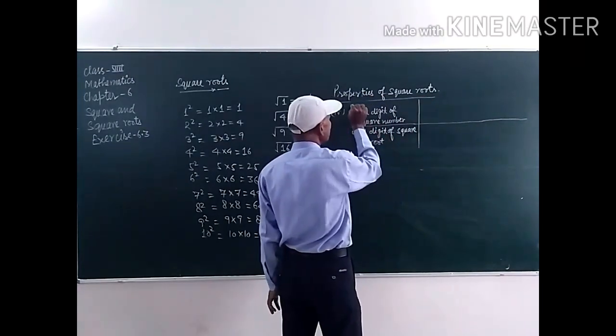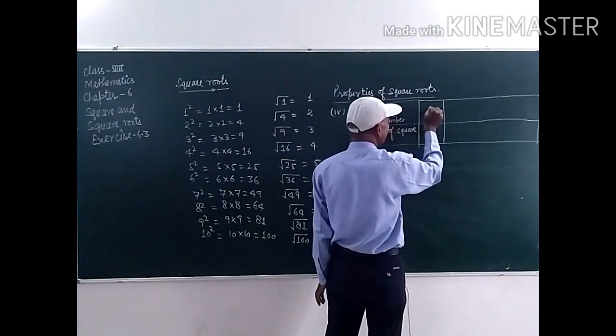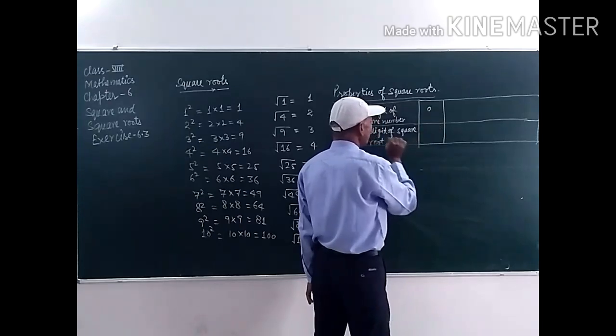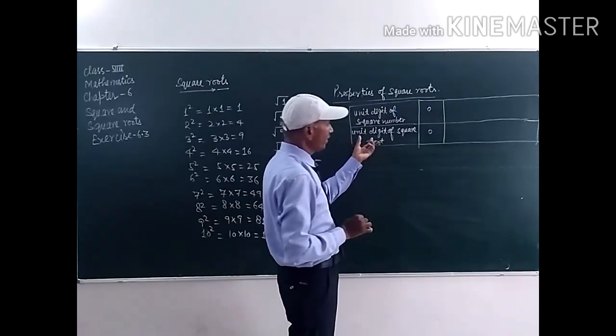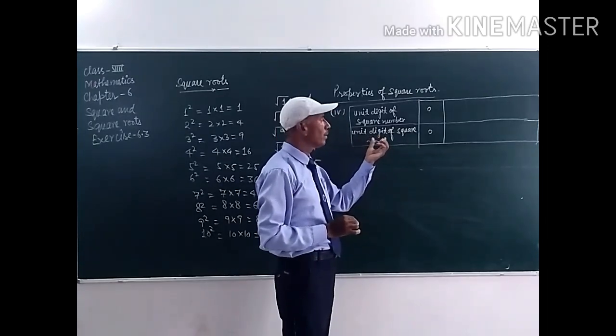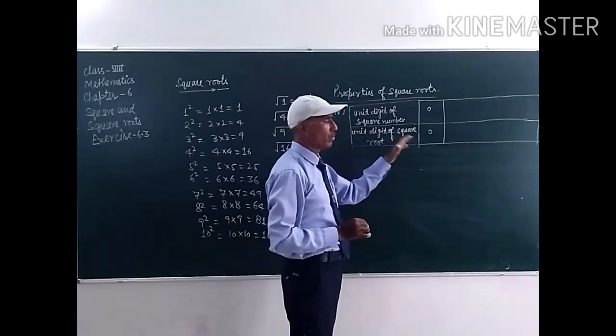According to this table, if the unit digit is 0, then the square number's unit digit will be 0, and the unit digit of the square root number will also be 0.